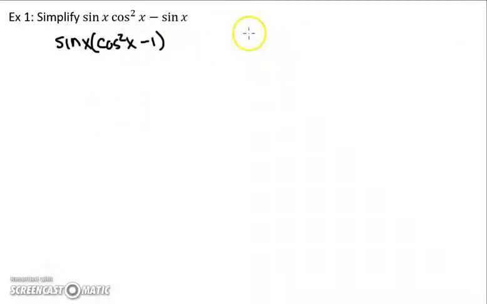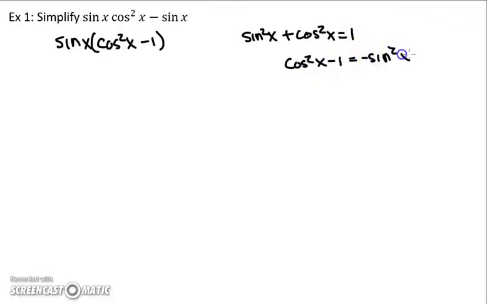So if we think about our Pythagorean identity, sine squared plus cosine squared equals 1, if we mess around with this one, if we subtract 1 from each side and subtract sine squared from each side, we know that cosine squared x minus 1 is the same thing as negative sine squared x. So we're going to make that substitution in here.